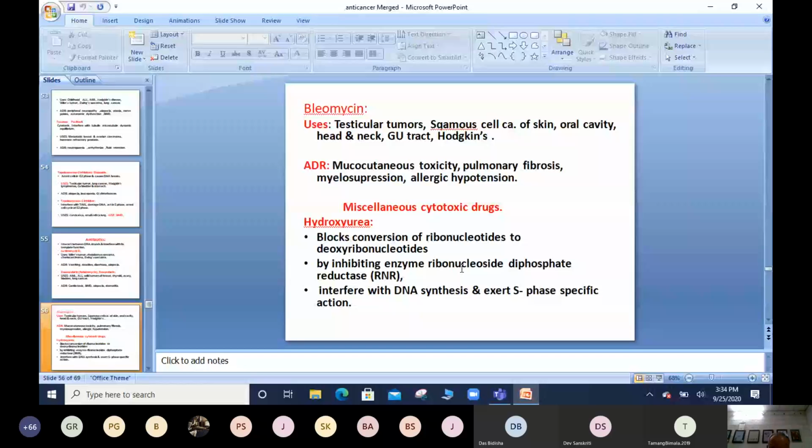Now, after knowing this drug, the next drugs are miscellaneous. They do not fit into any of these categories: antibiotic, alkylating, etc. Hydroxyurea: it blocks the conversion of RNA to DNA. How exactly?